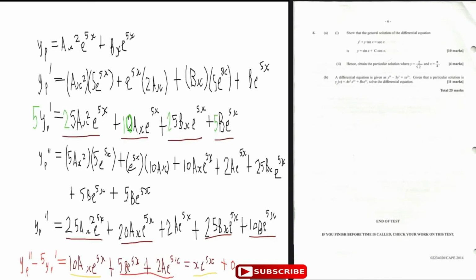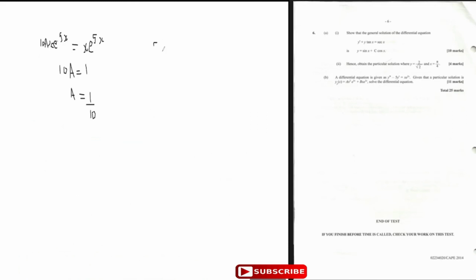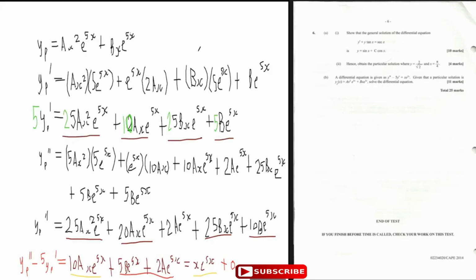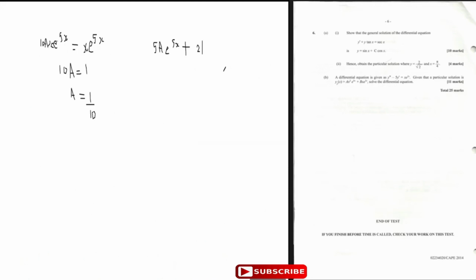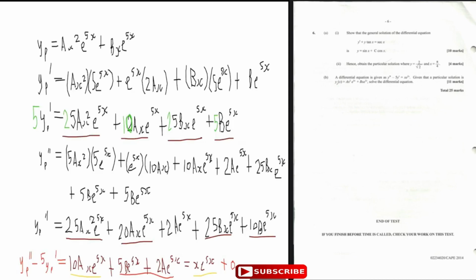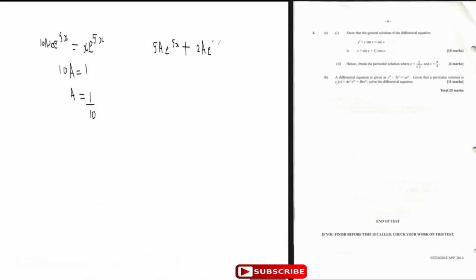Now 5b e to the 5x plus 2a e to the 5x must equal 0. That's the second equation. This is supposed to be b.